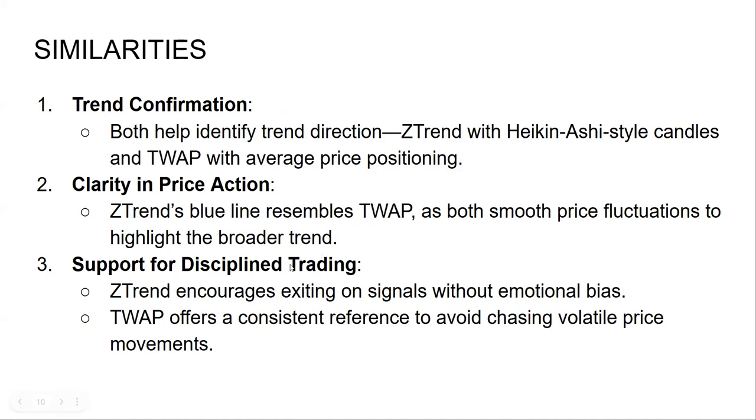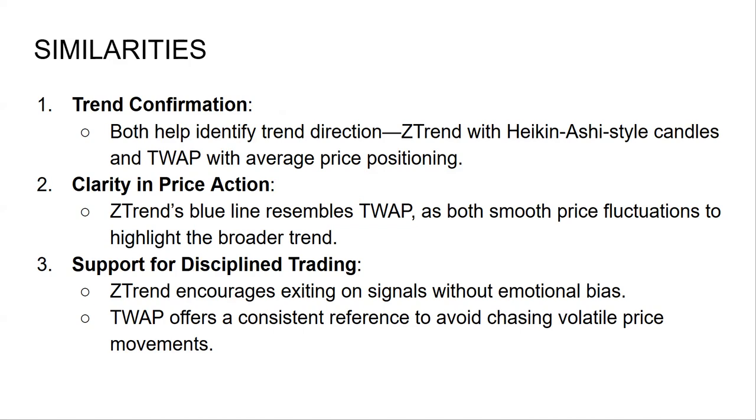And both support disciplined trading. Z trend encourages exiting on signals without any emotional bias. Because if you are getting thin candles, like doji candles, you can consider it as an exhaustion of price.